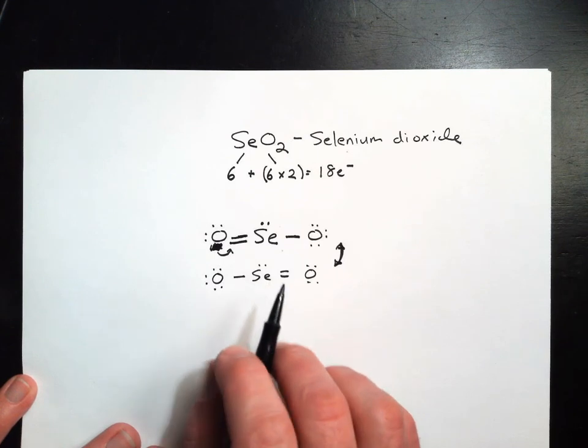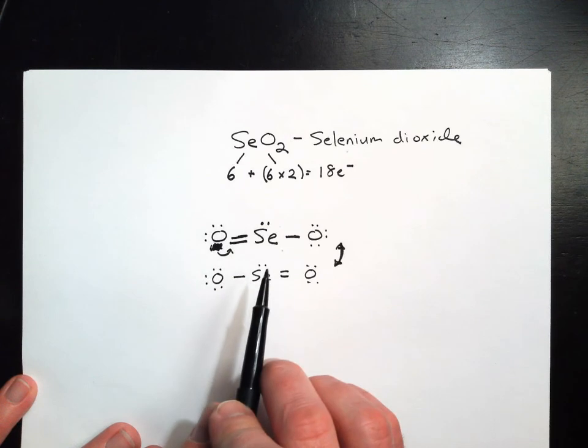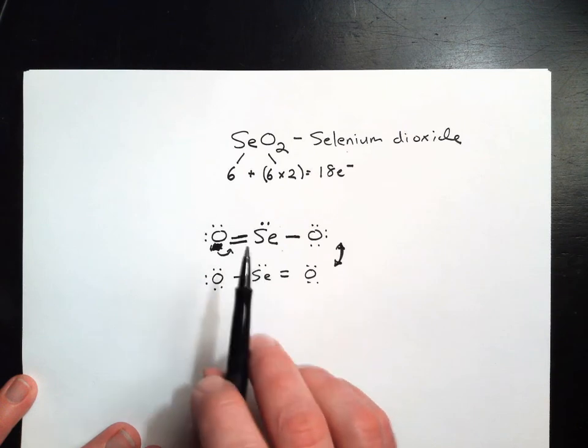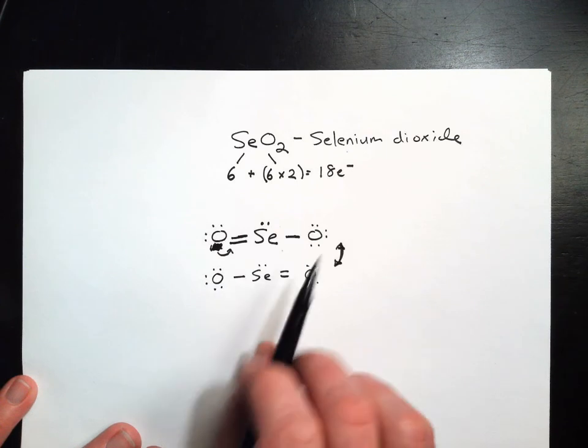So we will get to resonance again more in detail at some point, but both of those are correct, and more likely it's more correct to say that they both exist one at any given time, and they oscillate between each other. Okay, and there's your first double bonded molecule.